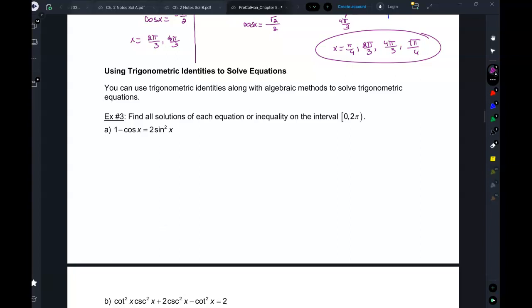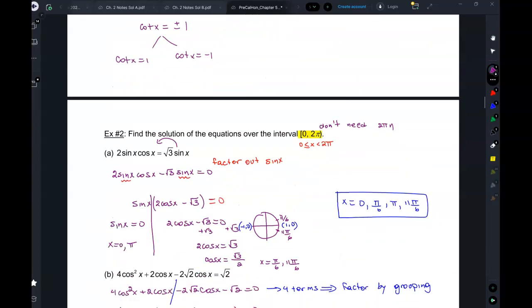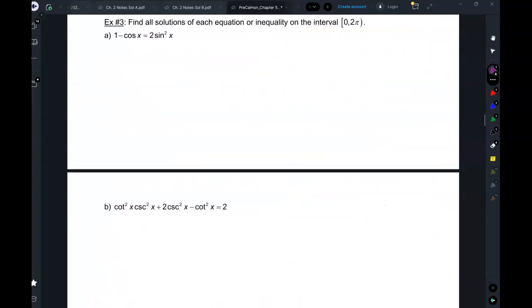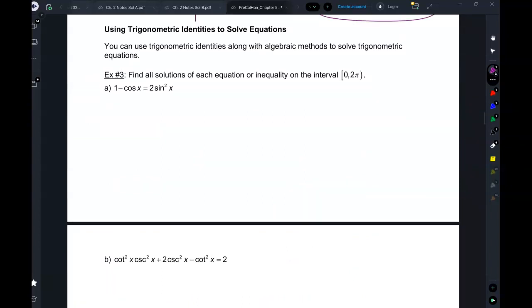In this case, moving the sine to the other side and factoring that is not going to work like it did for the first one here, okay? Also, when you have a cosine and then a sine squared, that tells you maybe I can use a Pythagorean identity and then I'll have everything in terms of cosines, right?